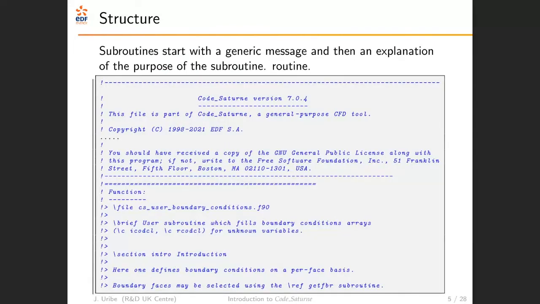So in general, all the subroutines start like this. You will see when you open a file, you have the GPL license, and then you have a description of what the subroutine is called and what it does, all commented.